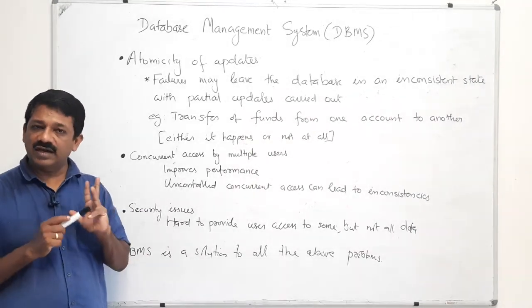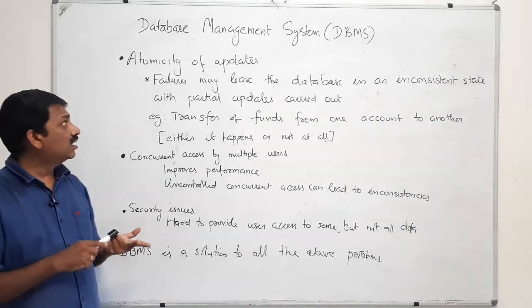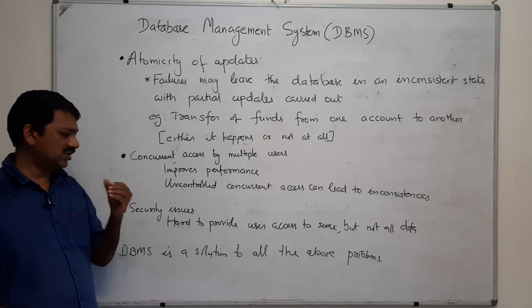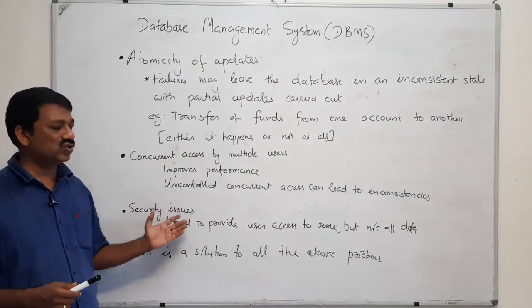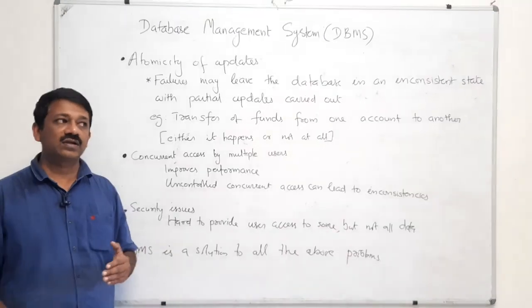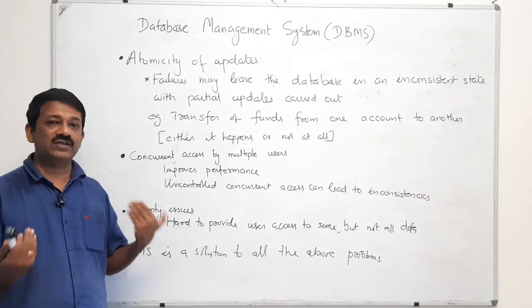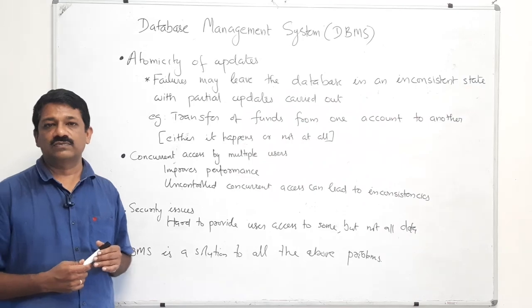That means redundancy, integrity constraints, atomicity of updates, concurrent access by multiple users, security, and a lot of such issues we discussed. A DBMS is a single solution to rectify all the problems compared to a file system. Okay, thank you.